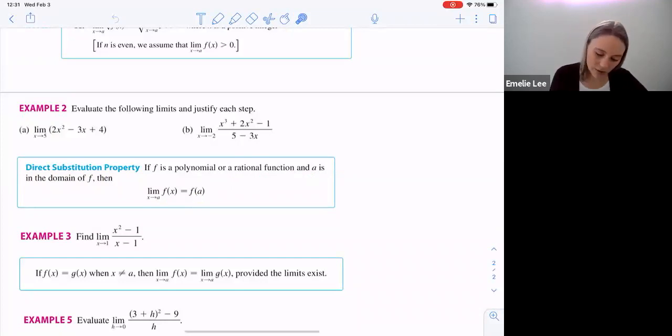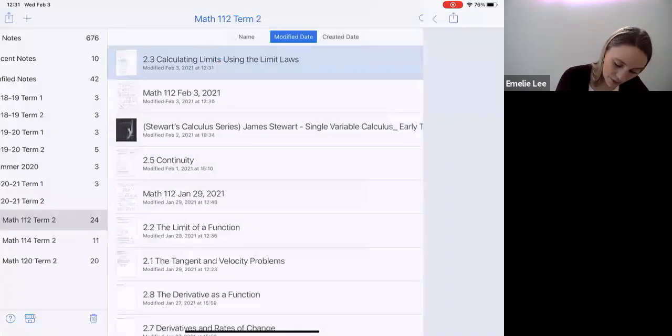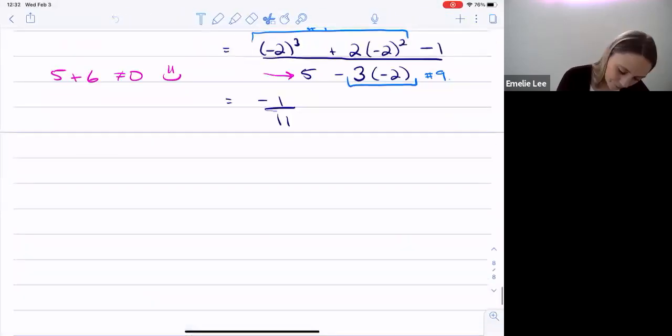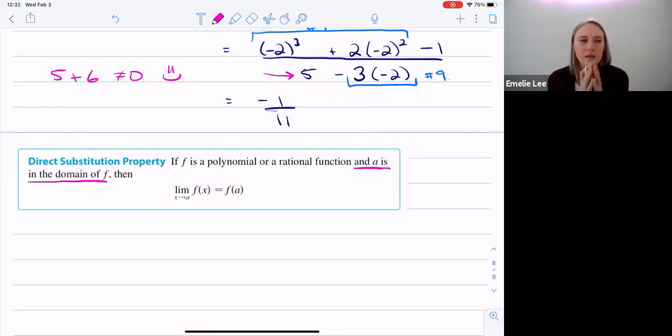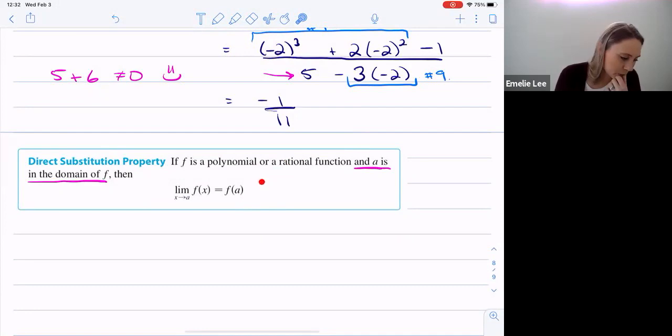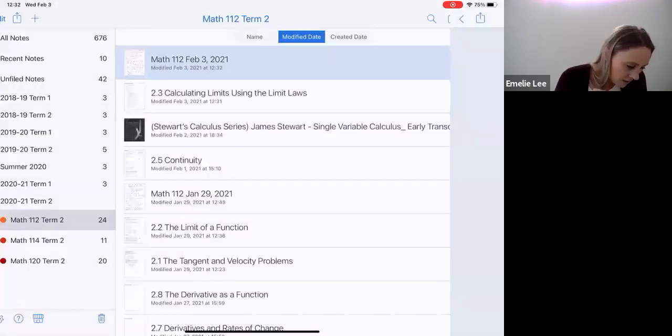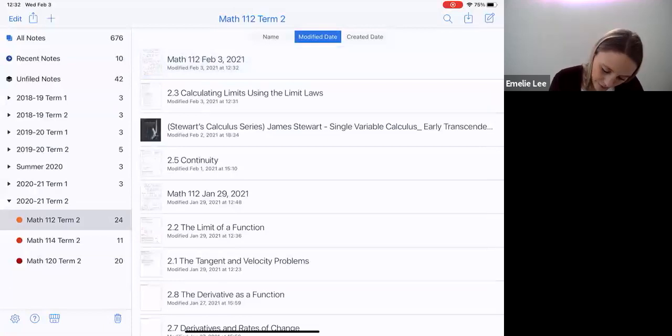Okay, so it's really handy to be able to recognize a polynomial or a rational function, and as long as a is in the domain, so I'm allowed to put a in, then for a polynomial or a rational function, I'm allowed to just plug in the value of a and evaluate the function. Okay.